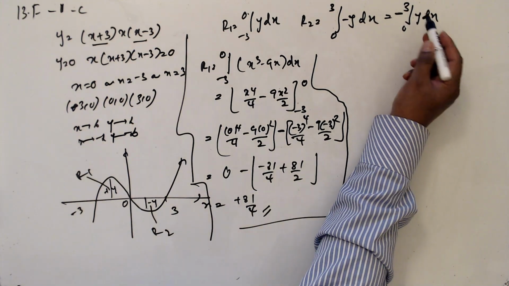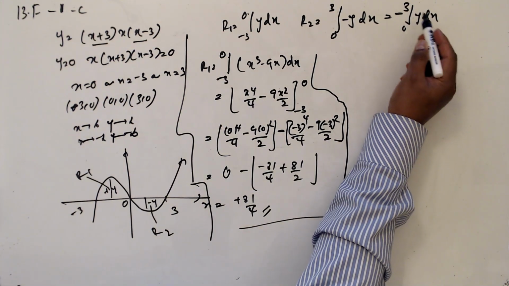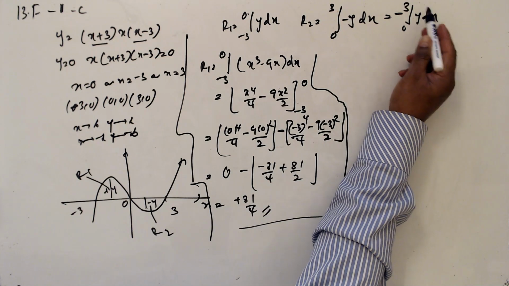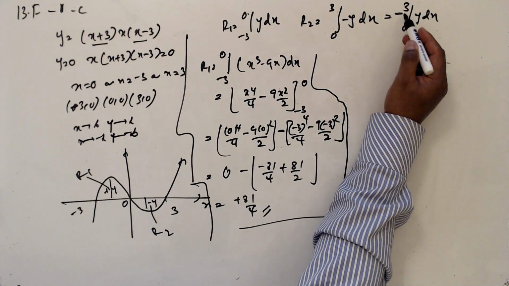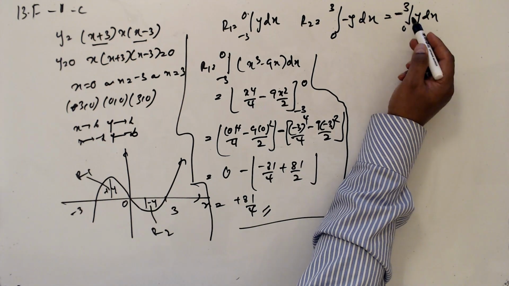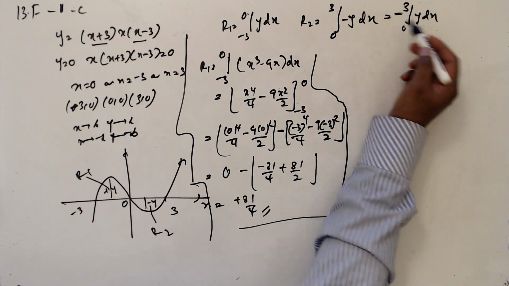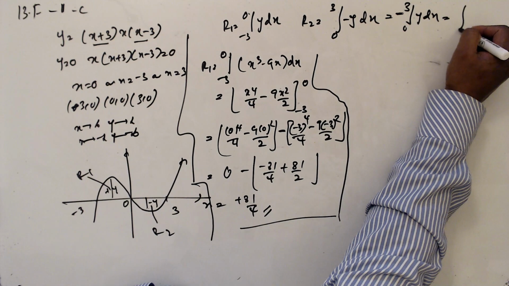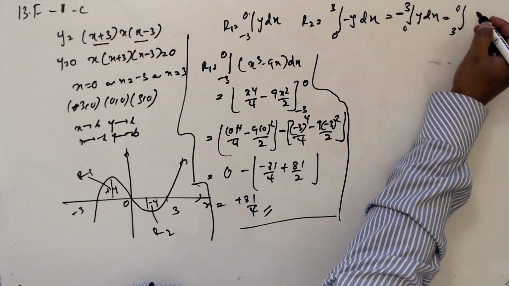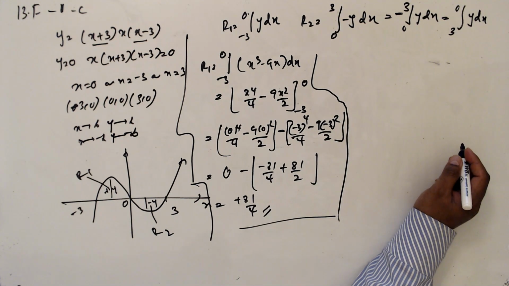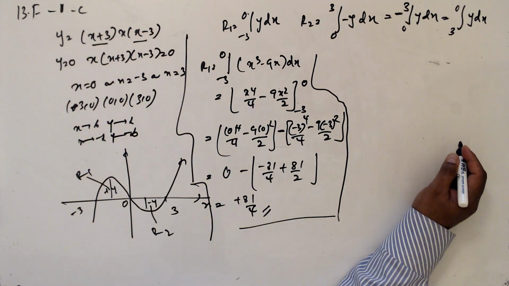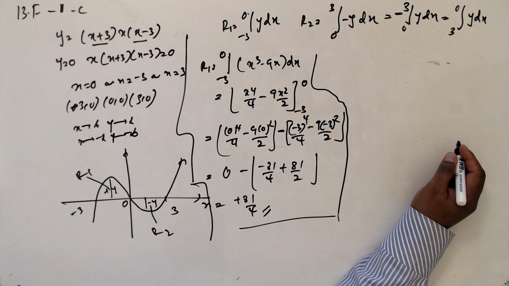Simply, as I discussed, you can change the limit. This is minus 0 to 3. If I get rid of minus, it is going to be now 3 to 0 y dx. That is a simple way of working, but you should not get confused on it.